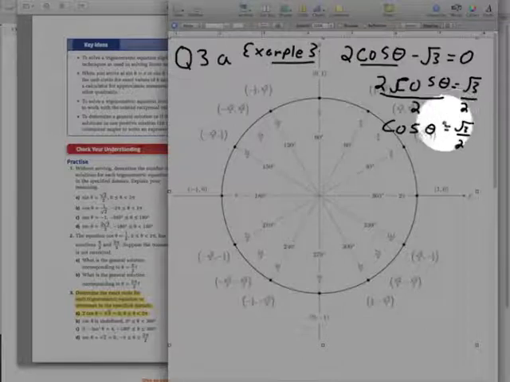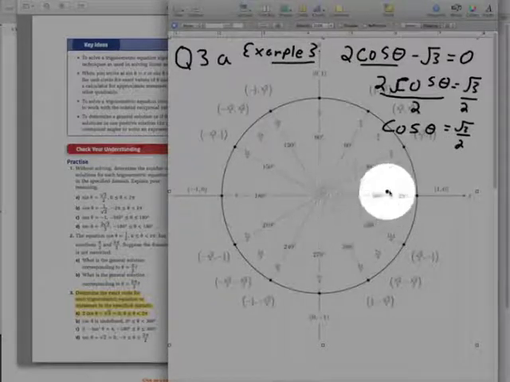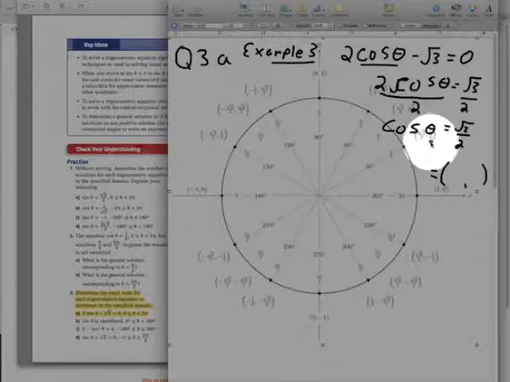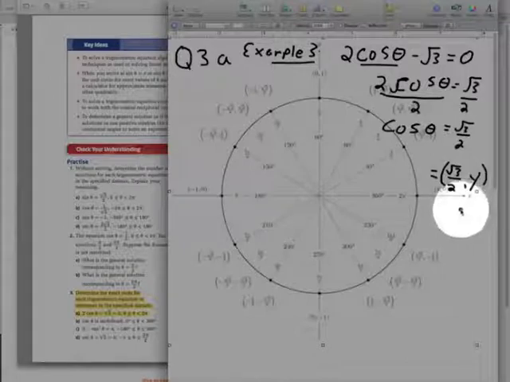Now, if I want to find out what this is on my unit circle, I'm going to have to think back to some of my earlier triangles. Just keep in mind, cos here is x. It's going to have some coordinate of root 3 over 2, and then I'll have some kind of y coordinate.